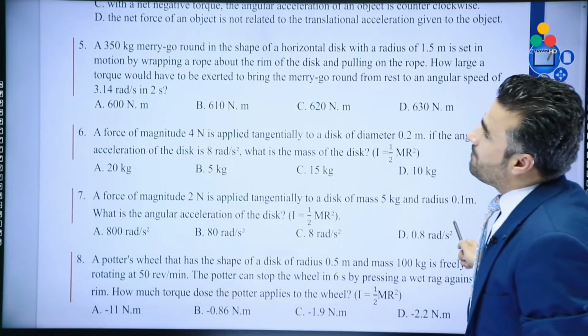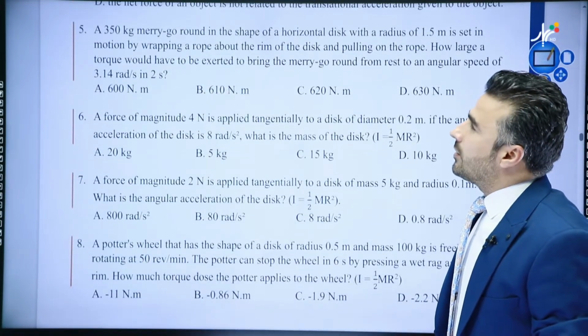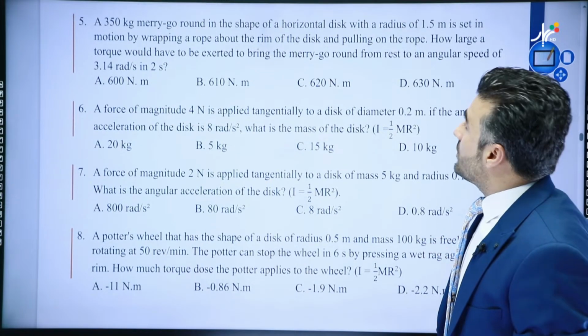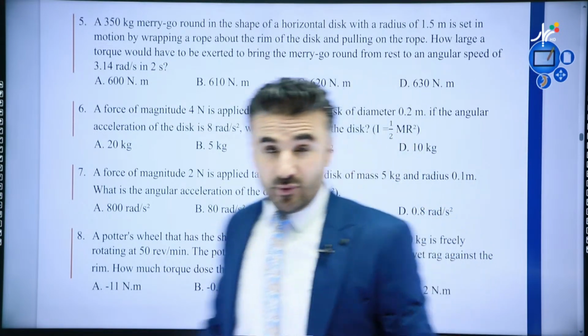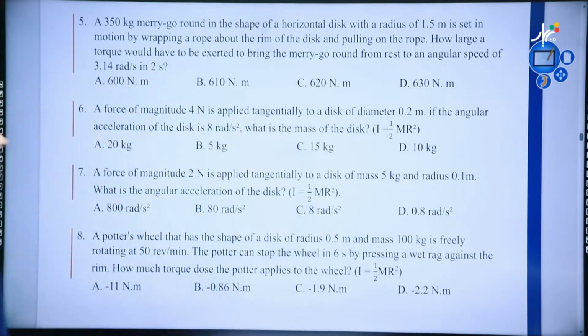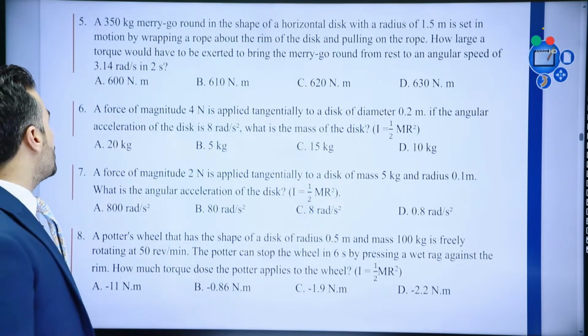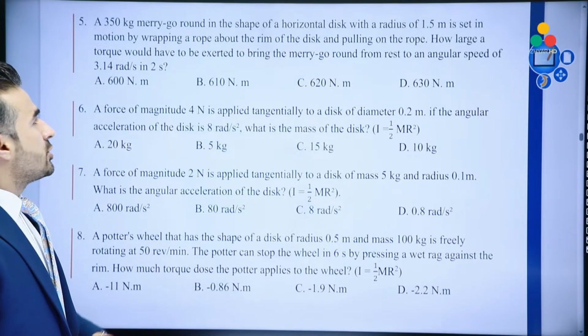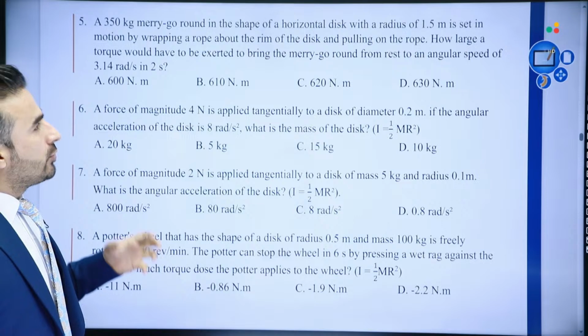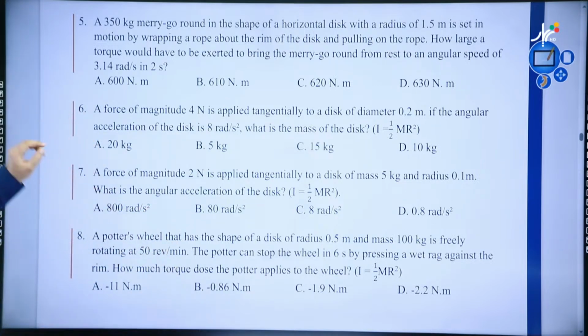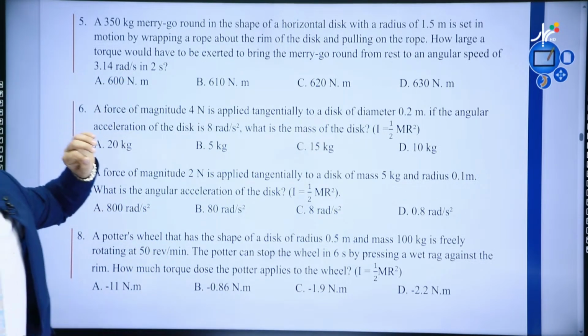It says a 350 kg merry-go-round in the shape of a horizontal disc with a radius of 1.5 meters is set in motion by wrapping a rope around the rim of the disc and pulling on the rope. How large a torque would have to be exerted to bring the merry-go-round from rest to an angular speed of 3.14 in 2 seconds?